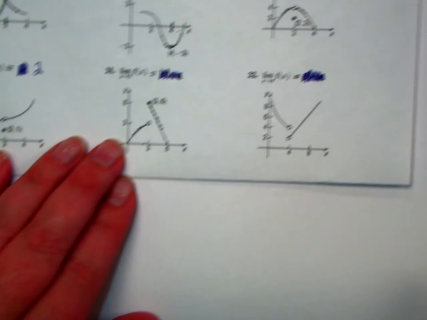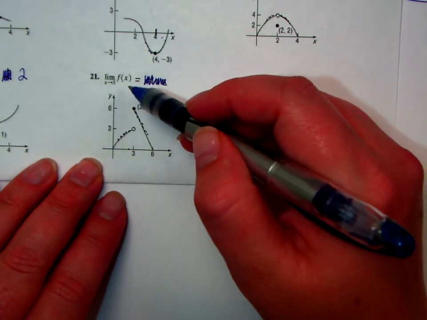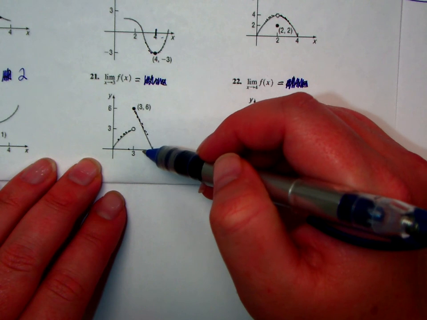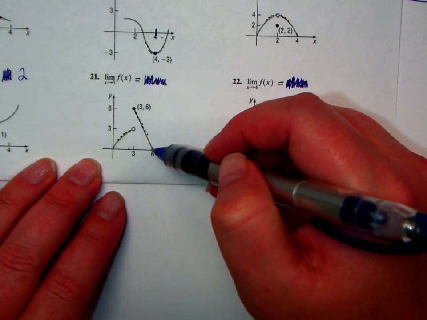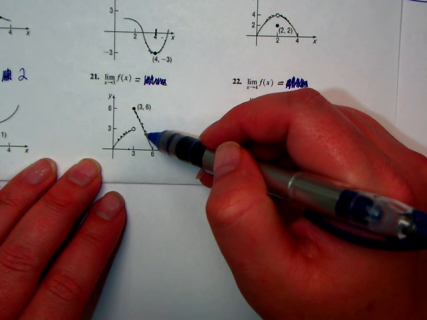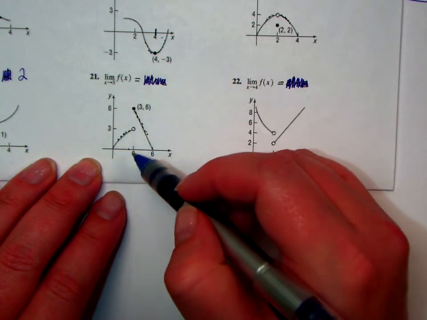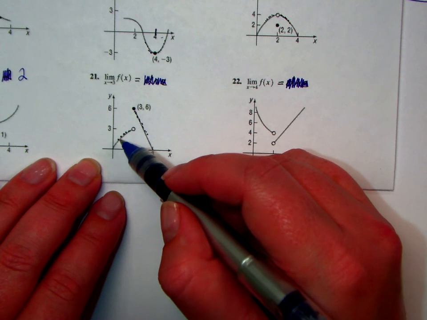Right? Number 21 here, the limit as x approaches 3. If we were to pick values greater than 3 and plug those into the function, we're going to be on this line, right? And the closer we get to x equals 3, this line is heading up to 6, right? If we were to pick values less than 3, we're going to be on this curve.